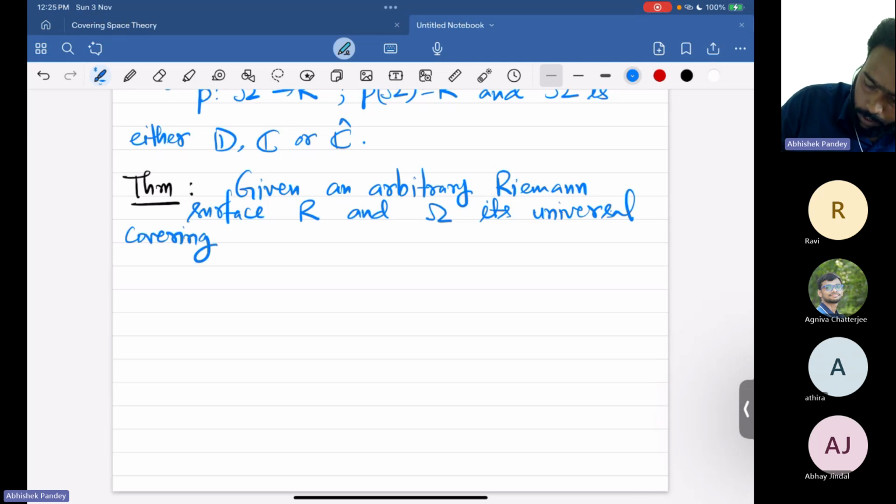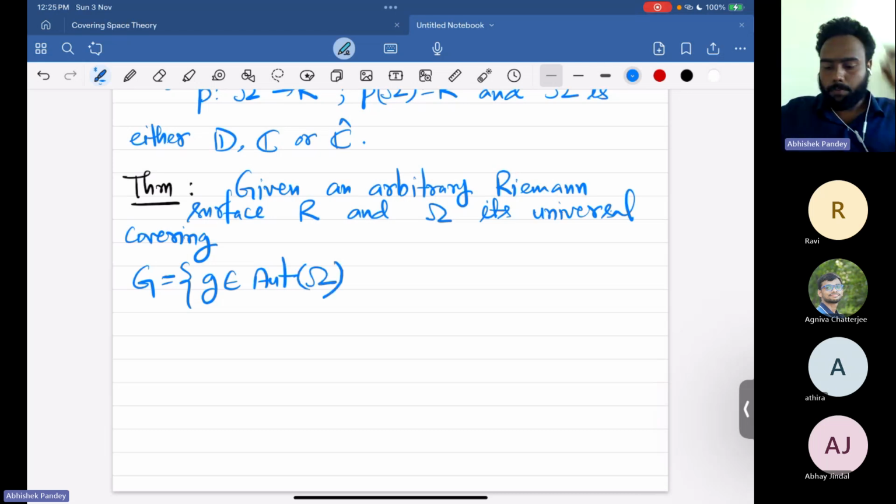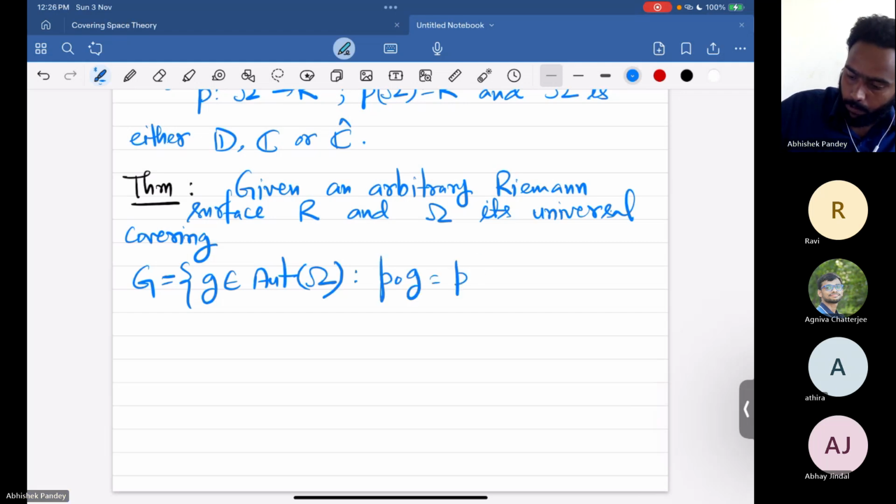Consider this group G, which belongs to the automorphisms of omega. Automorphism means a conformal self-map of omega, meaning a conformal self-map of the unit disk, the complex plane, or the extended complex plane, such that P composed with G is P. Obviously this is nothing but the covering group.